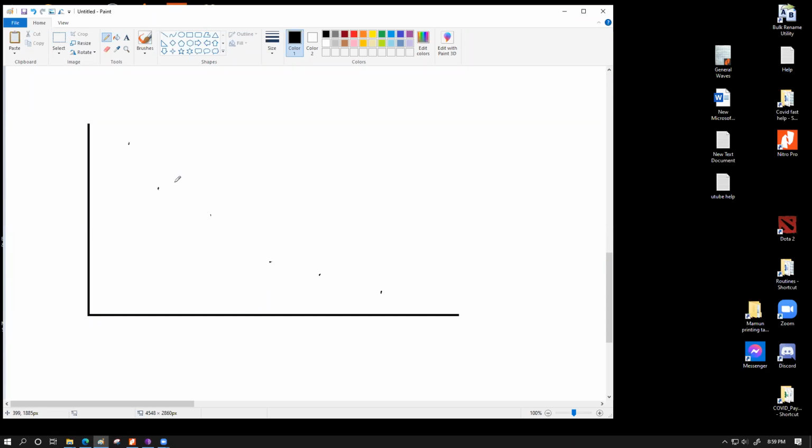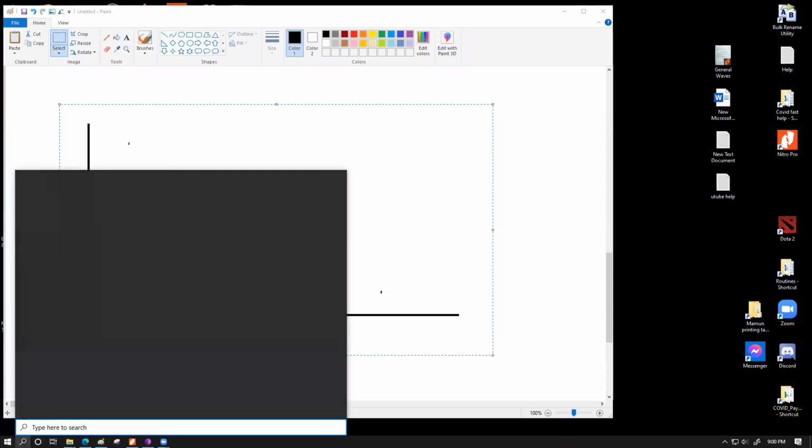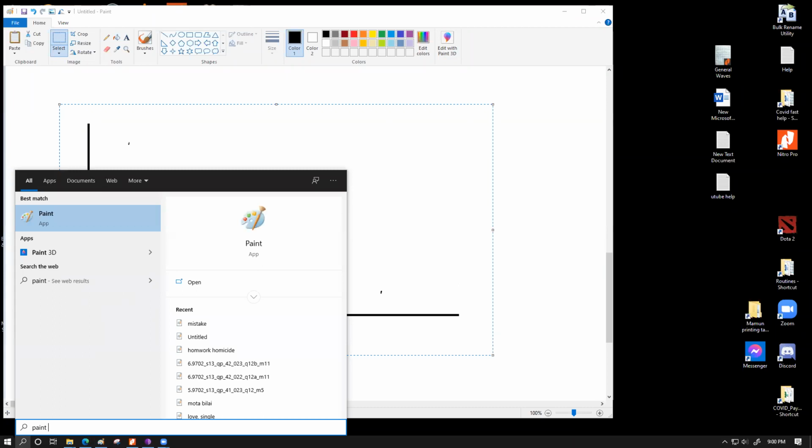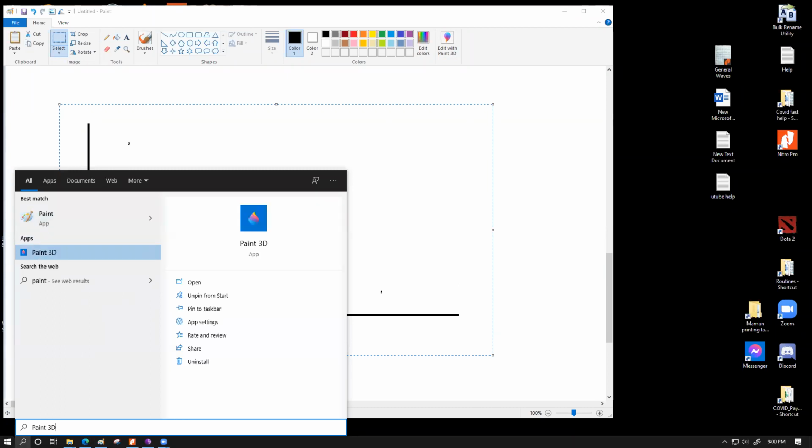So my recommended way to draw a curve is that whenever you have plotted the points, you rotate your paper. Actually, let me copy this and try Paint 3D.